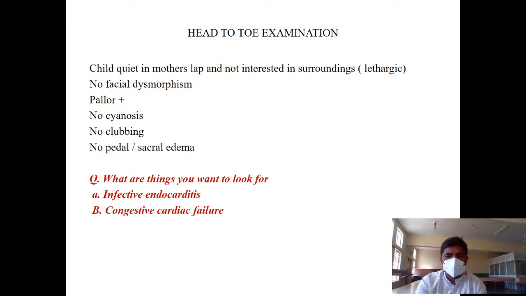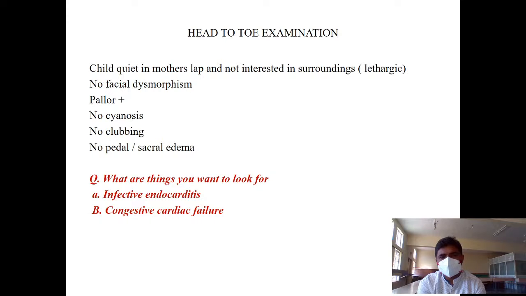So that is the importance of examining facial dysmorphism, facial features, and looking for evidence of any pallor. Pallor per se doesn't give you importance in diagnosing the child, but if the child is having pallor, then his cardiac failure gets worsened. So you need to manage the pallor, I mean the anemia aspect, as well.